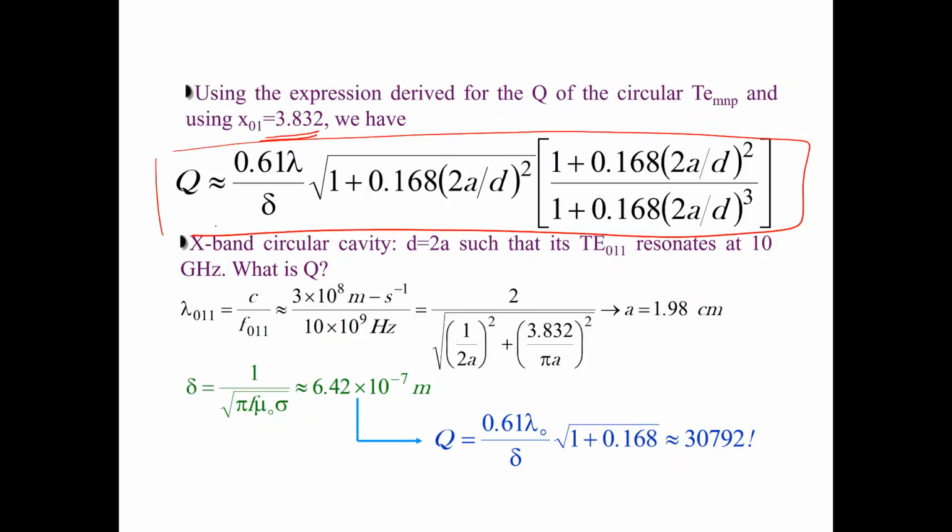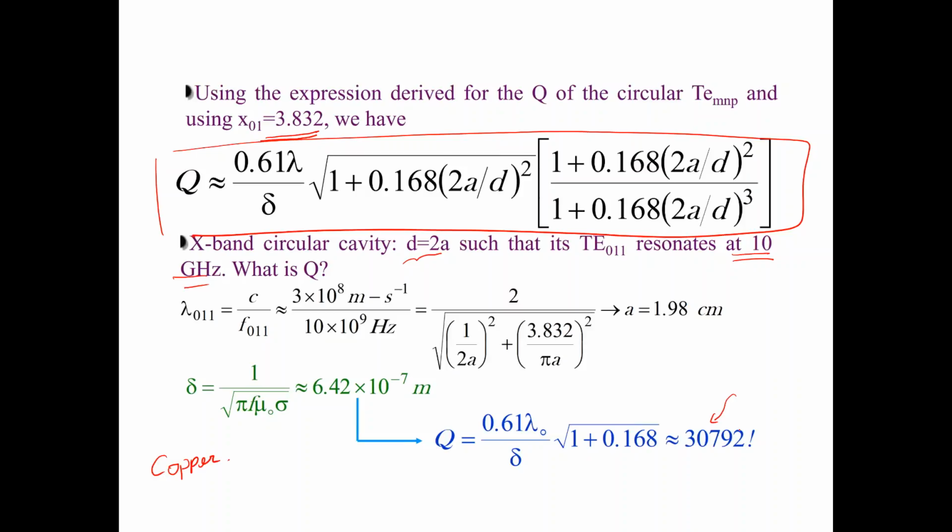So if I was making my design to operate at 10 gigahertz and I was looking at the Q values, and I just choose D equal to 2A, then just assuming copper here, you find that the Q value is roughly 31,000.